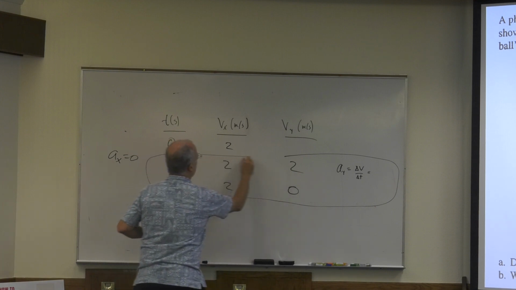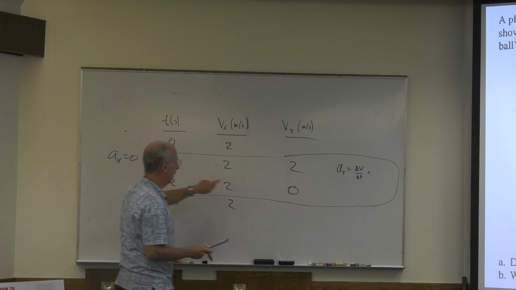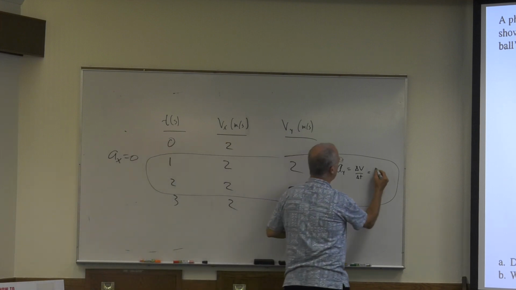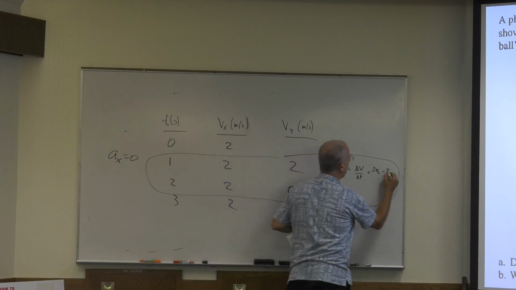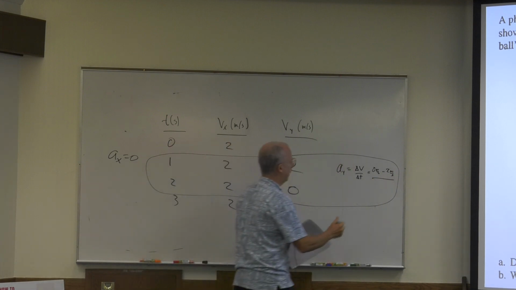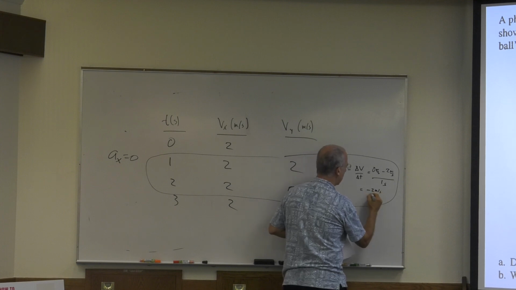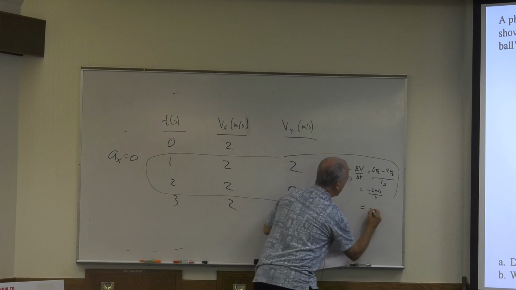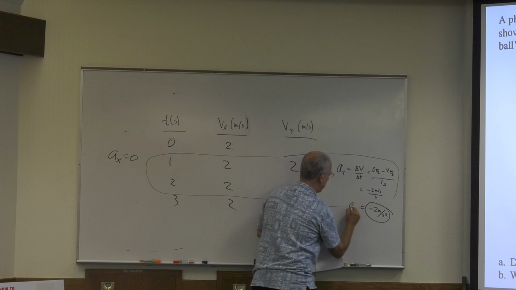This is our time final, this is our time initial, this is our velocity final, this is velocity initial. So it's going to be 0 meters per second minus 2 meters per second. And what's our delta time? Just 1 second. So that's minus 2 meters per second divided by a second, which is minus 2 meters per second squared. That's our a sub y.